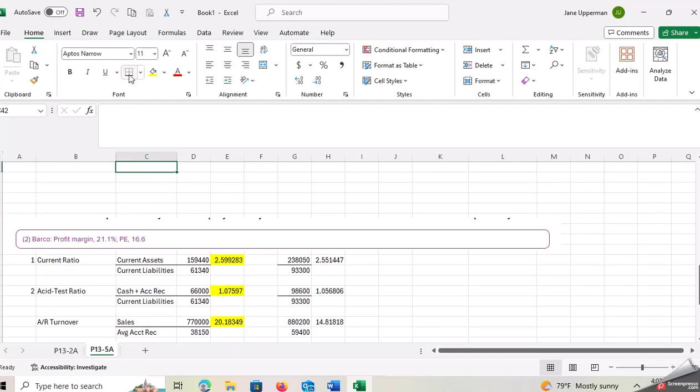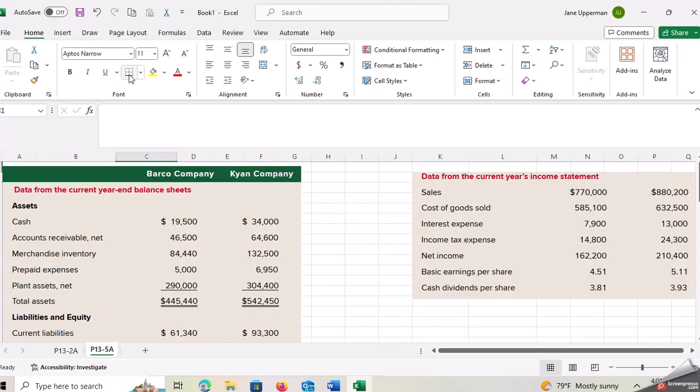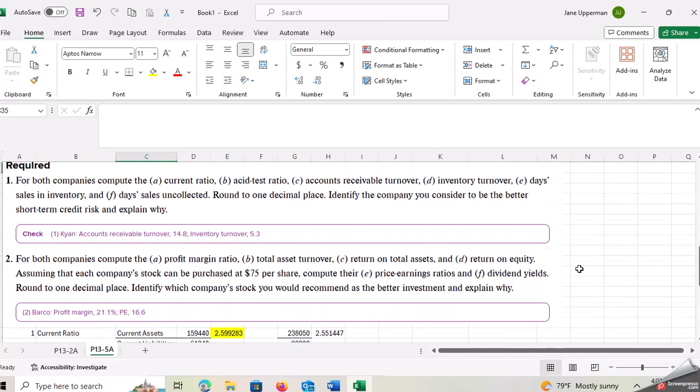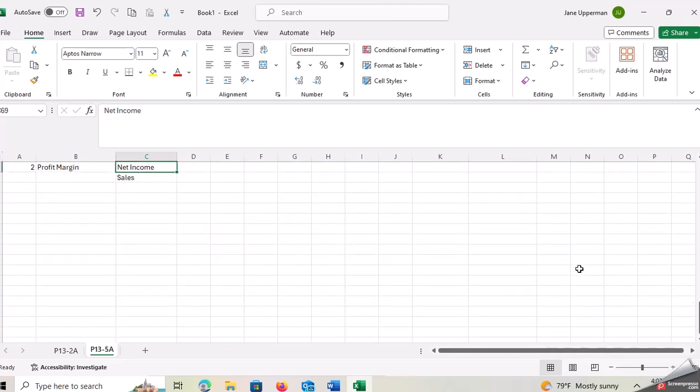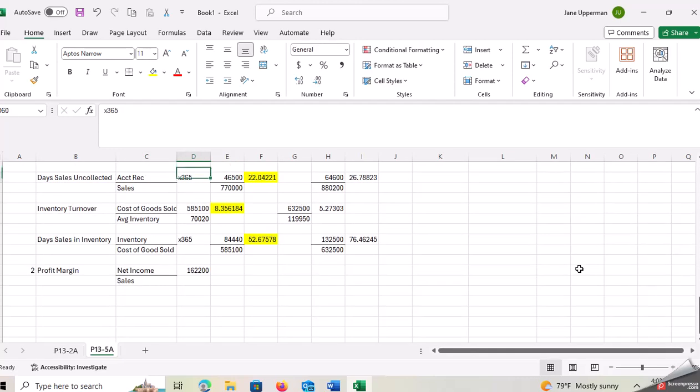So we go back up to what they give us up above. So the net income for the Barco company is 162,200. And then our sales are the 770,000.